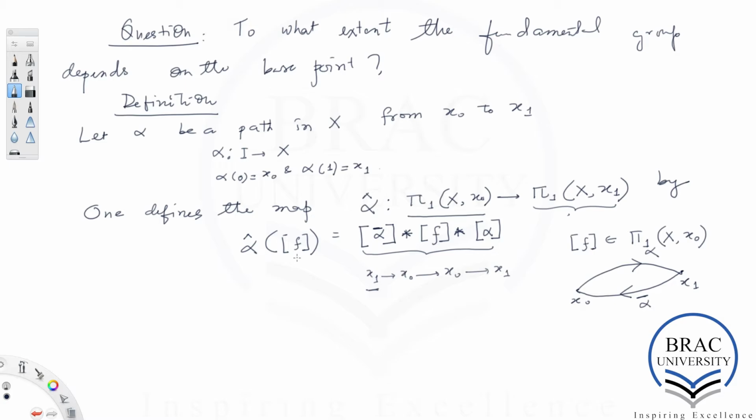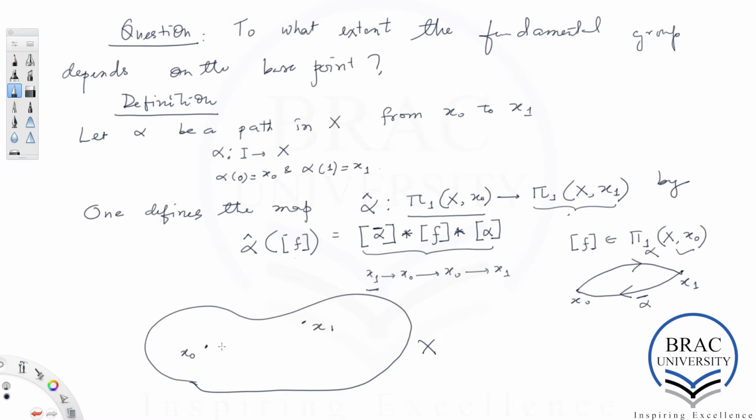Given the element f here, let me draw the picture. This is our topological space X. This is the point x0. This is the point x1.